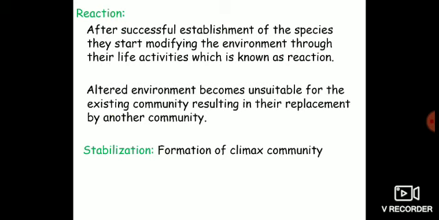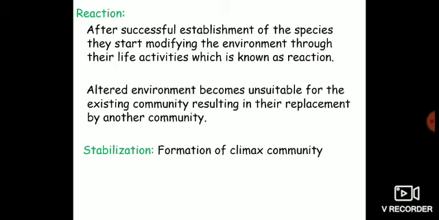And then you have reaction. After the species have successfully established in the new area, they start modifying the new environment through their activities, and this modification of the environment by the species is known as reaction.